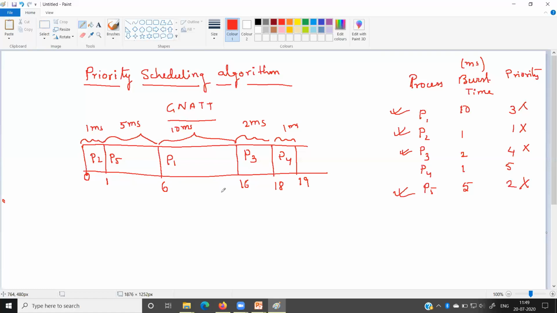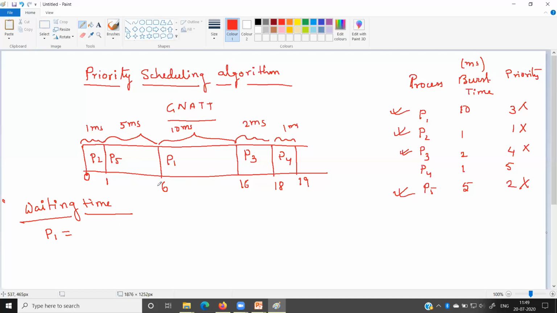Now, from the Gantt chart, we can compute several scheduling criteria. First we will compute the waiting time. What is the waiting time for process P1? P1 started at time 6, and at the beginning I told you that all processes arrive at the same time, which is 0.